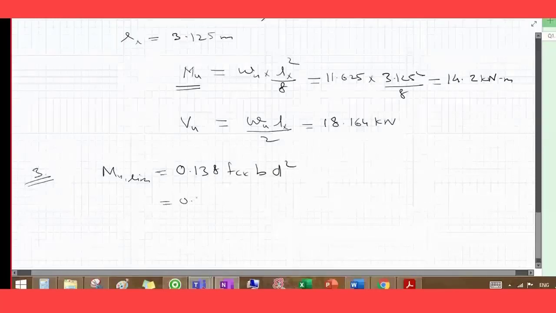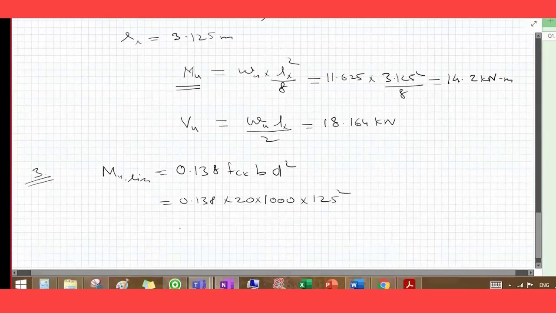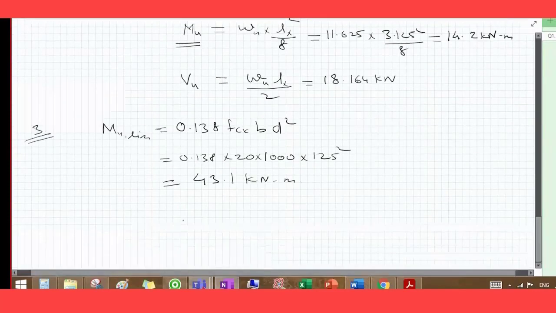So you substitute 0.138, grade of concrete is 20, B, since I'm taking 1 meter strip, will be 1000, D is 125 mm square, and if you compute this, you get Mu lim equal to 43.1 kilonewton meter. Now you can compare Mu and Mu lim. Since Mu is less than Mu lim, singly reinforced section will be designed.